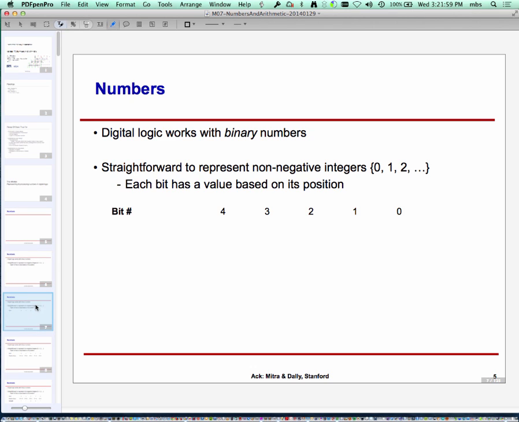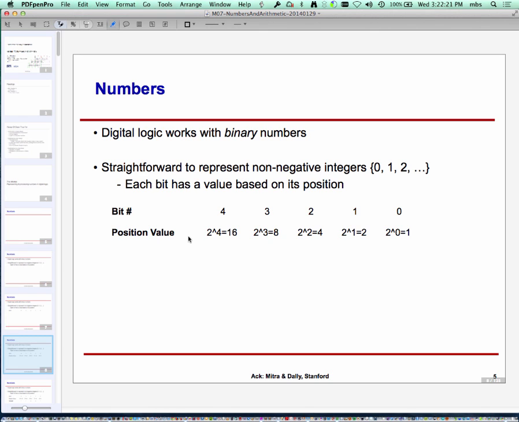So that one we know, and it's kind of like our decimal system, but the only difference being that the value associated with a bit position goes as powers of 2. So position number 0 has a weight of 1. Position number 1 has a weight of 2, 4, 8, 16, and so on and so forth.